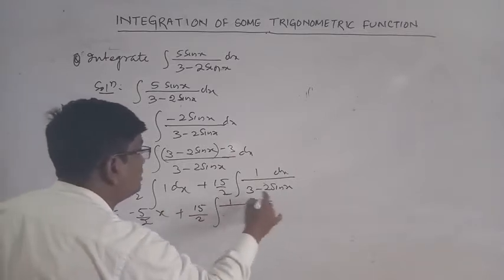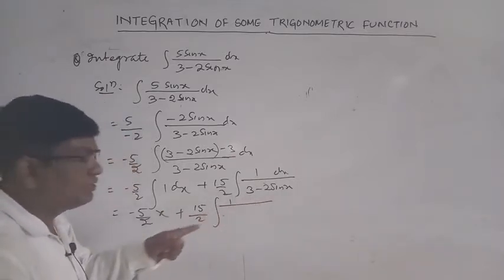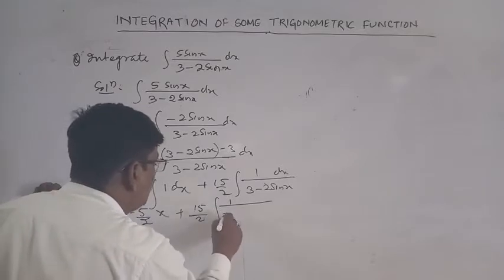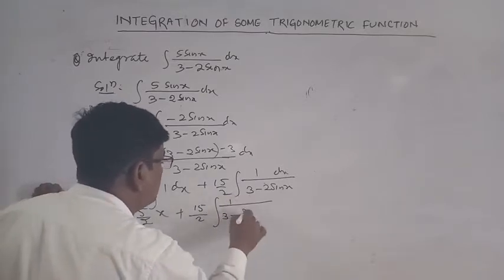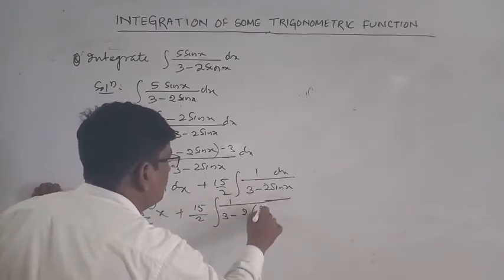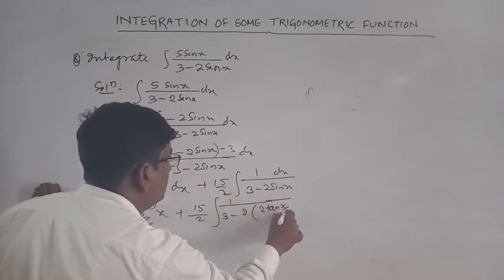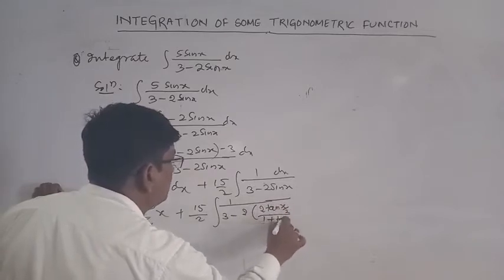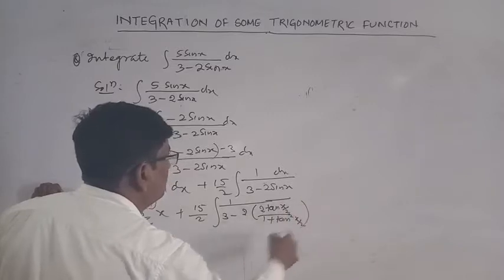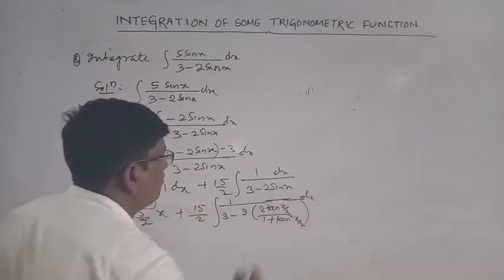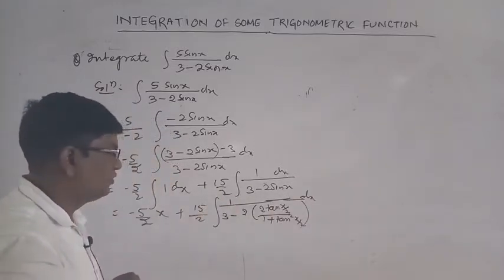1 by this is a plus b sin x form. So 3 minus 2 into 2 tan x by 2 divided by 1 plus tan square x by 2, because it is in the form of a plus b sin x.